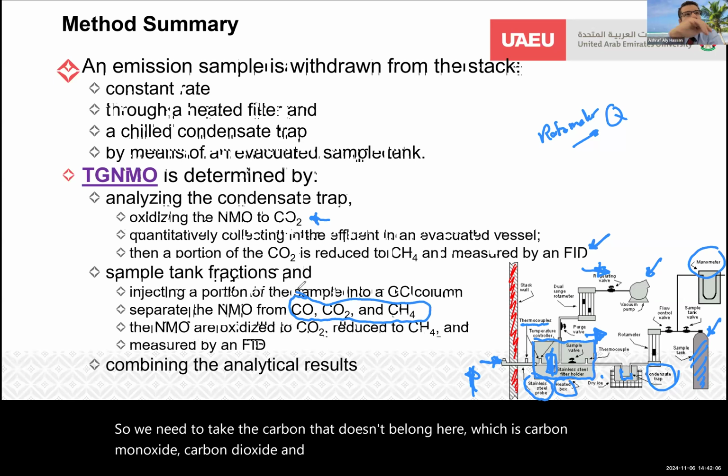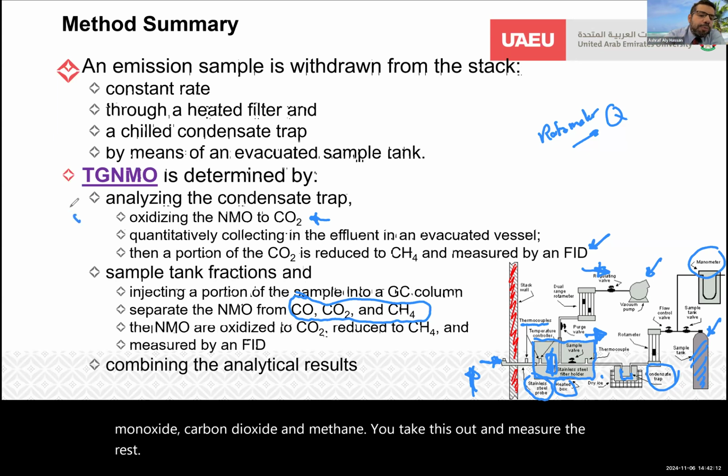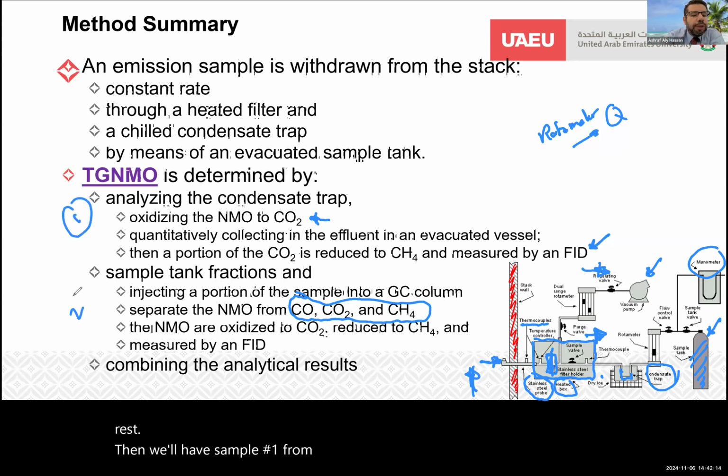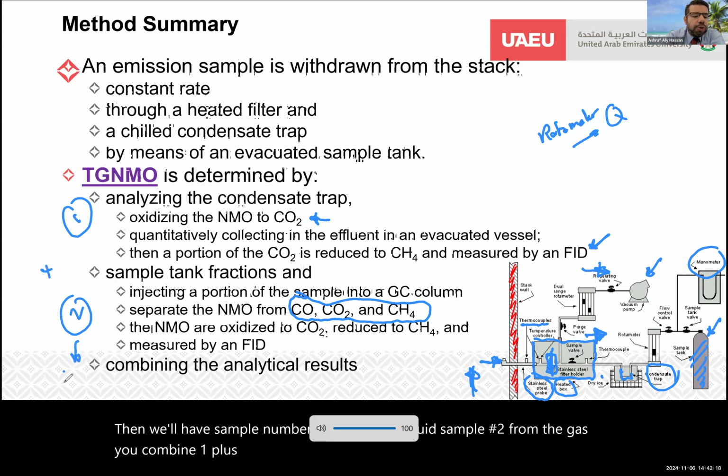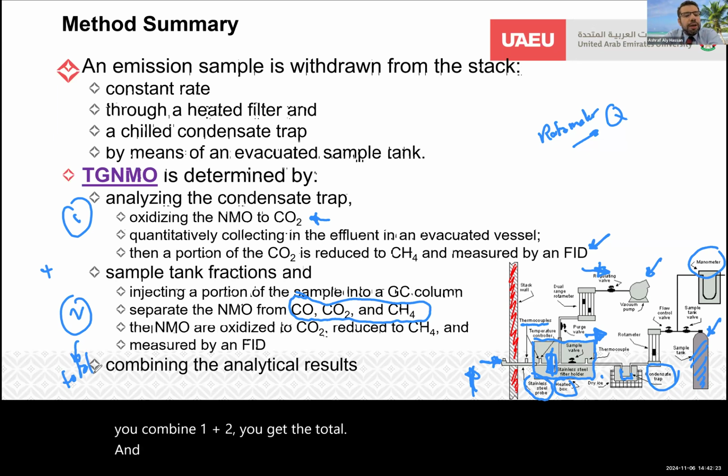You take this out and measure the rest. Then we'll have sample number 1 from the liquid, sample number 2 from the gas. You combine 1 plus 2, you get the total, and that's the combined TG-NMO according to this method. Any questions? Non-methane organics.